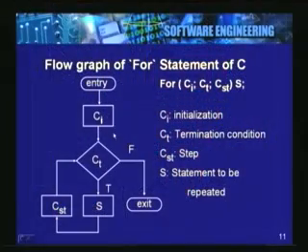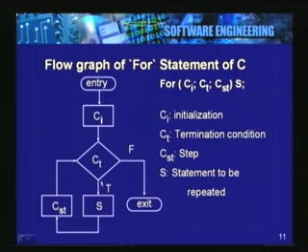So this is your structure. This picture shows the flow of the for statement. Entry into this for block is at Ci. So first Ci is executed, where you initialize your variables as per your Ci, and then you check this condition Ct.